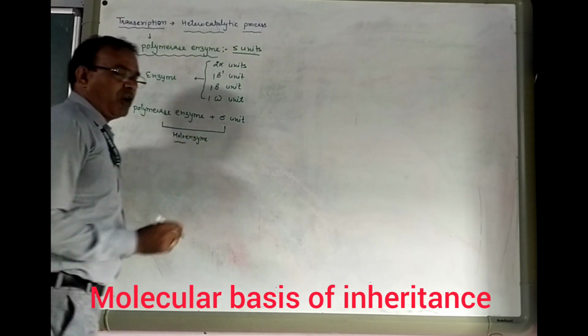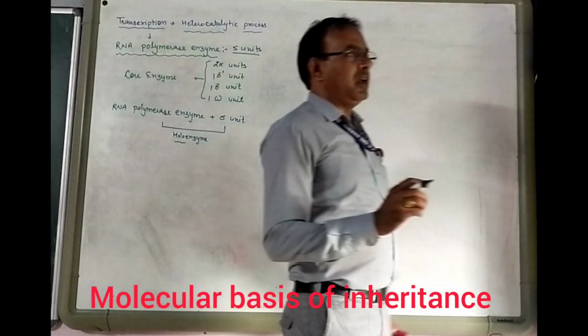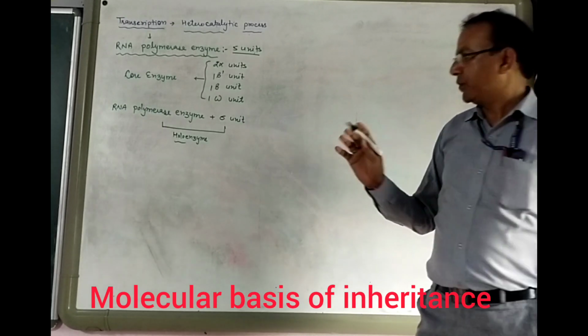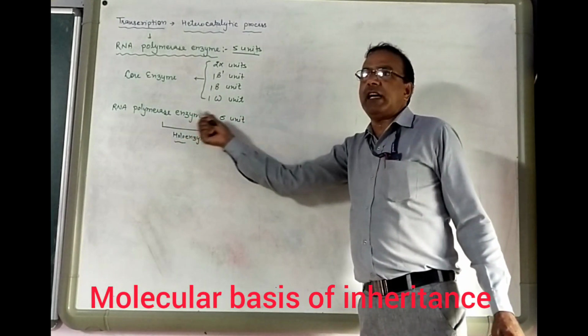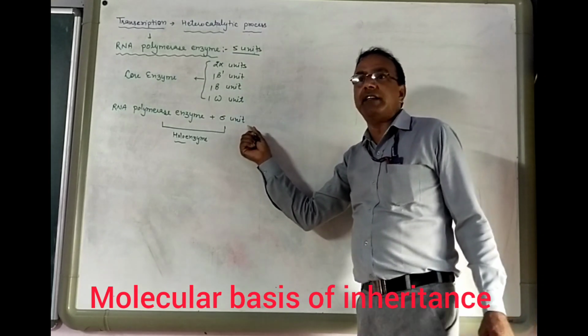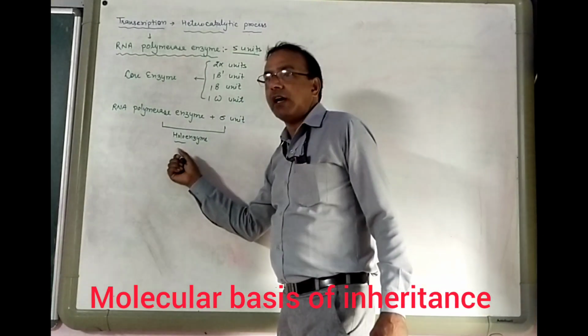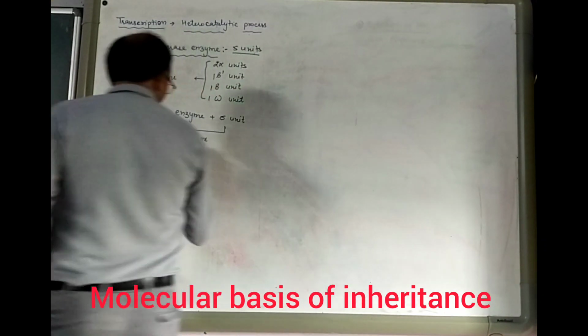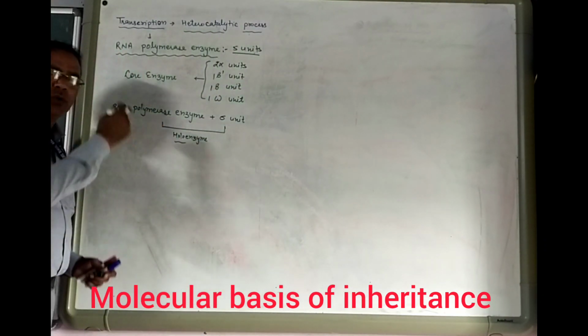What is the difference between the holo enzyme and the core enzyme? The core enzyme is only the RNA polymerase enzyme which has only 5 units. If the RNA polymerase enzyme attaches one another unit, that is called the sigma unit, this is called the holo enzyme. Is that clear? Why the sigma unit here? What is the role of the sigma unit?